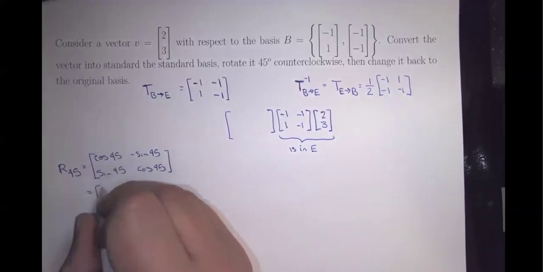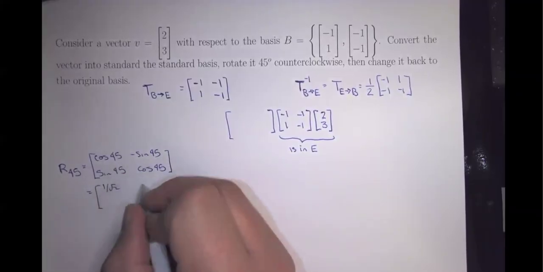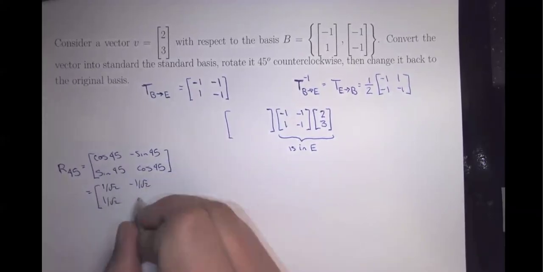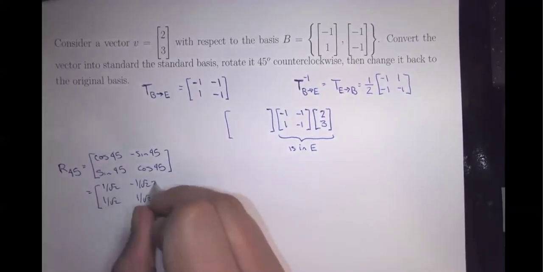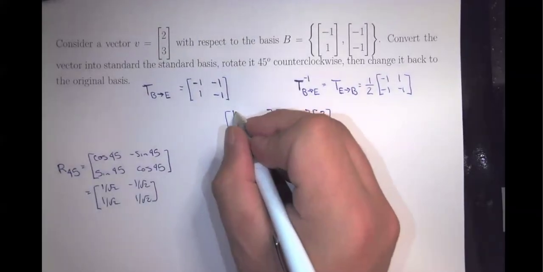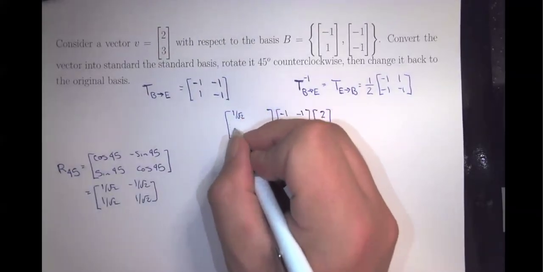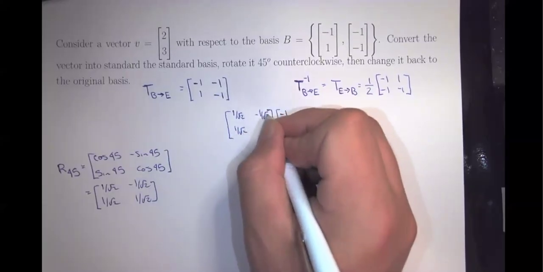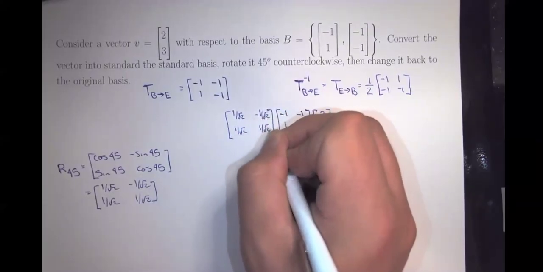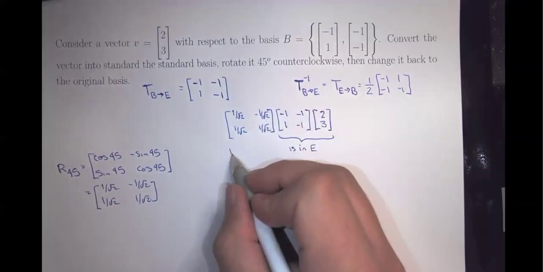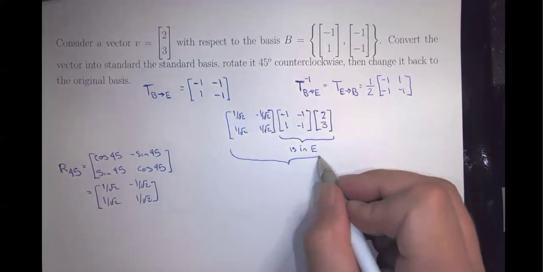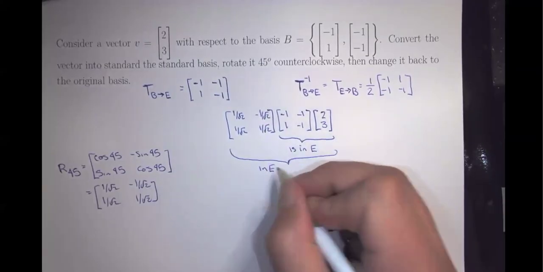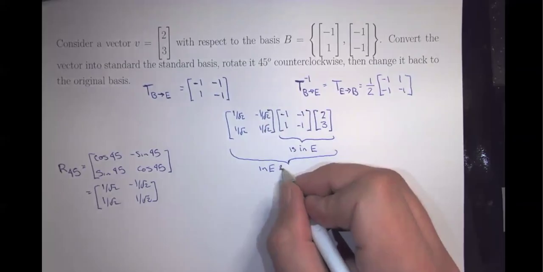So that's 1 over root 2, negative 1 over root 2, 1 over root 2, 1 over root 2. When I do all of this multiplication, this will be in E and rotated.